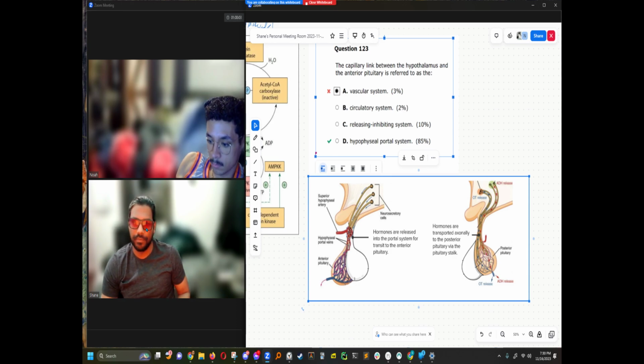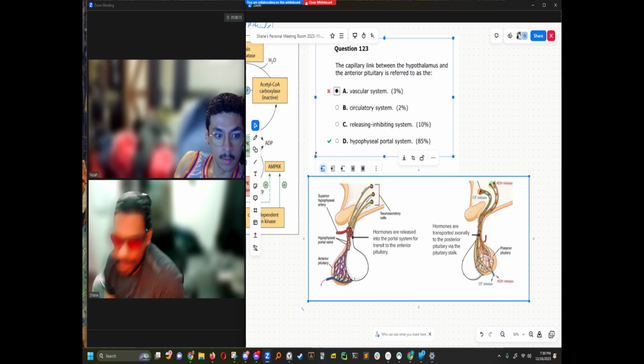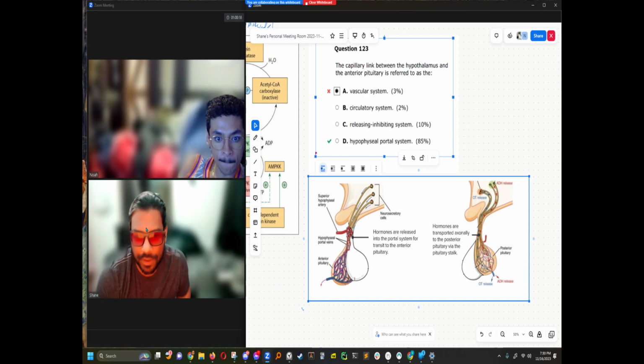Stuff that goes from the hypothalamus to the posterior pituitary gets transferred through the neurons, right?